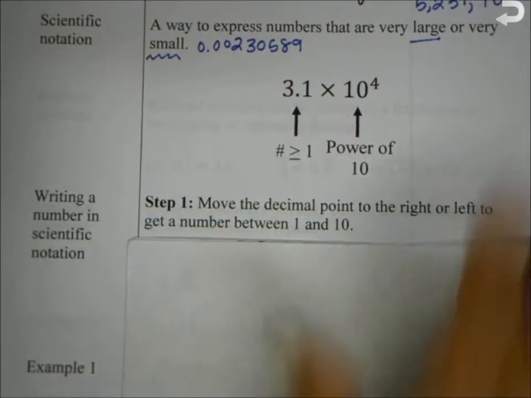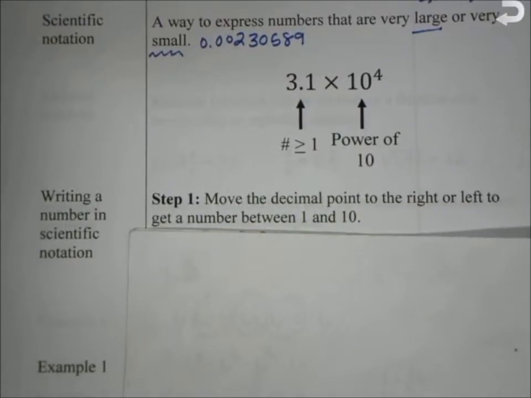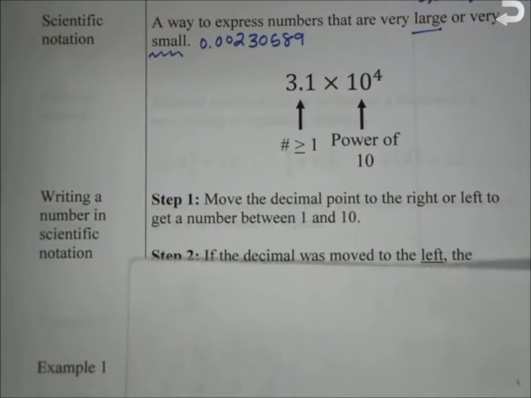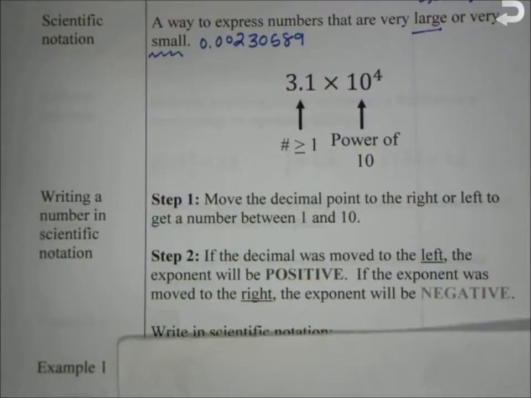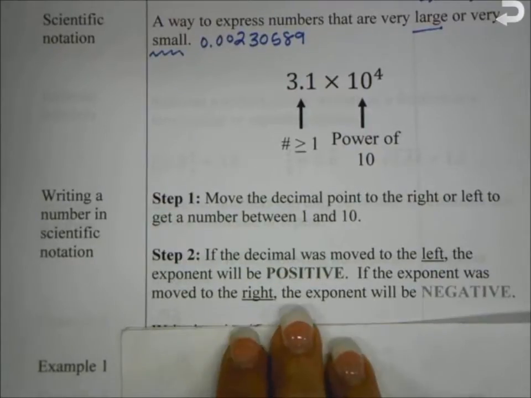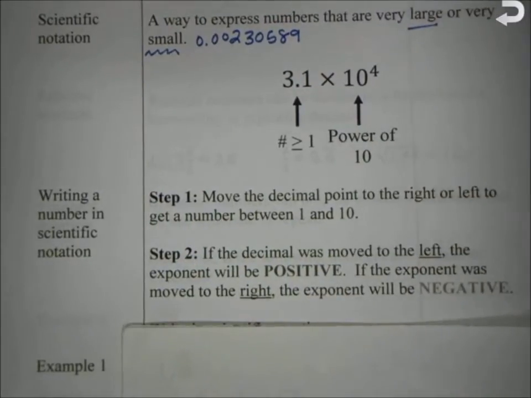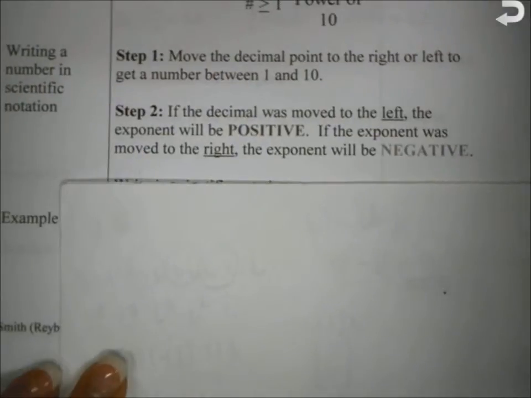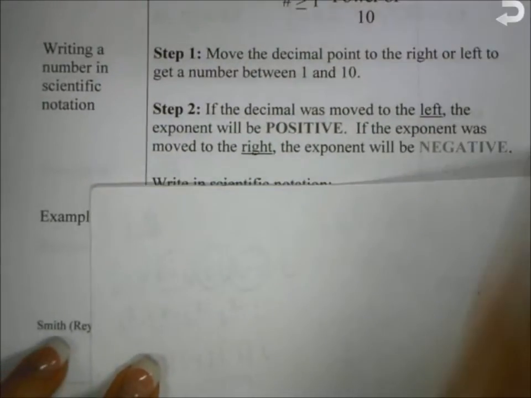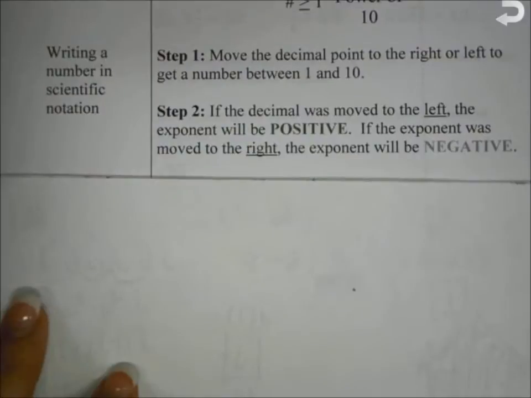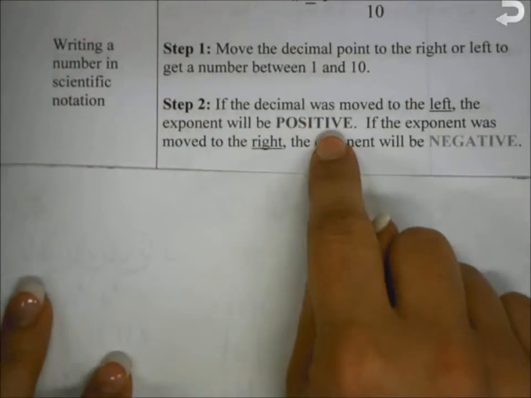Step 2. If the decimal was moved to the left, our exponent will be positive. Because we're making that number bigger, correct?